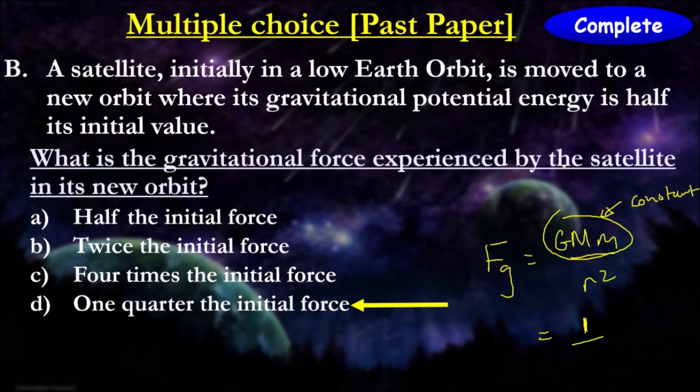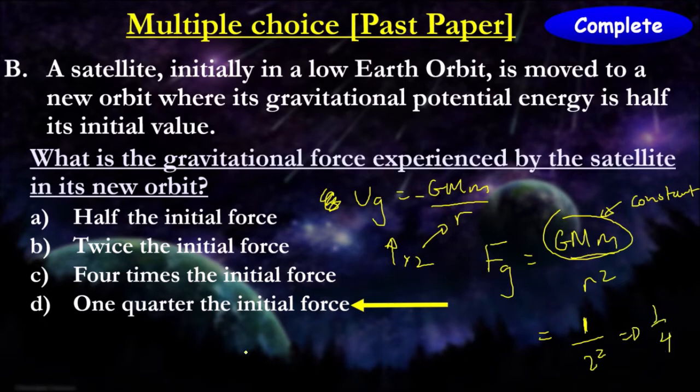Okay, if the gravitational energy has halved, meaning by this is GMm over r, negative, so for it to halve, that means your distance would need to have increased by 2. So for our radius here, 2 squared would give us a quarter. So we have a quarter of the initial force.